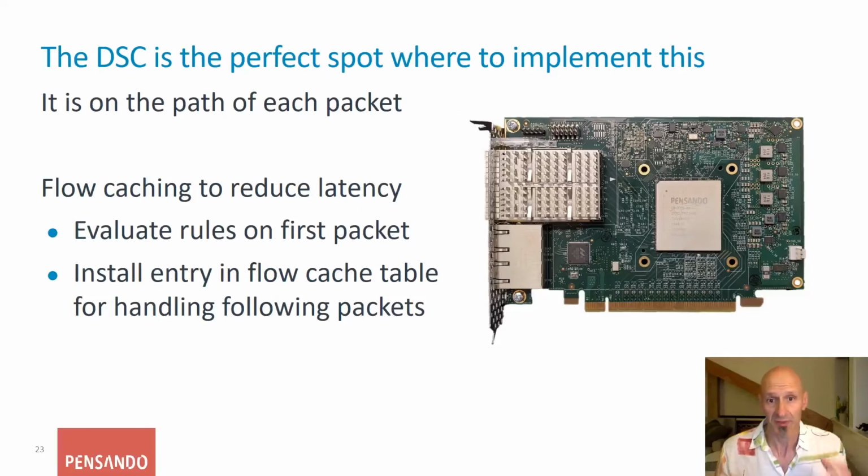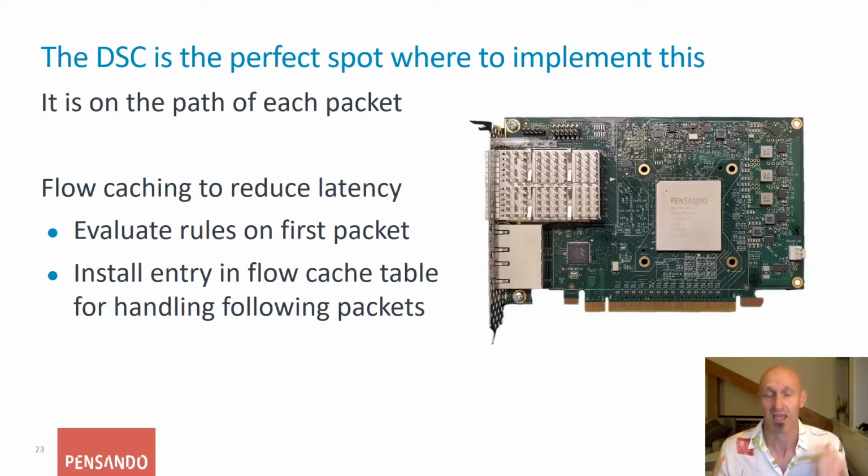So the perfect spot where to implement an east-west firewall is within the DSC, because it is naturally on the path of every packet that is moving within the data center. Now, the way we implement east-west firewalling in the DSC is by using a flow cache so that we can reduce latency.